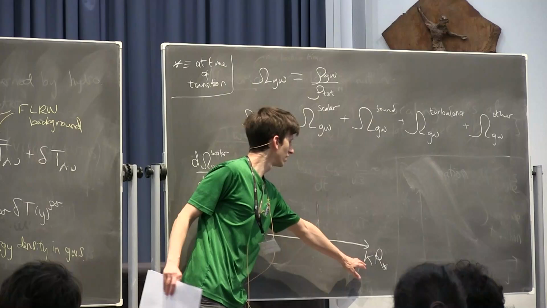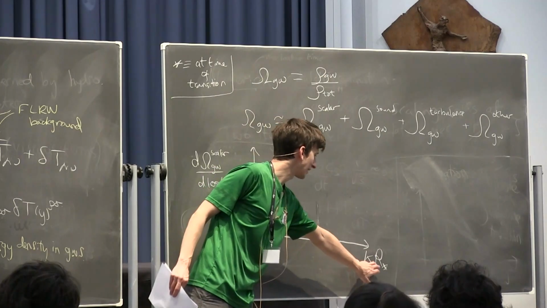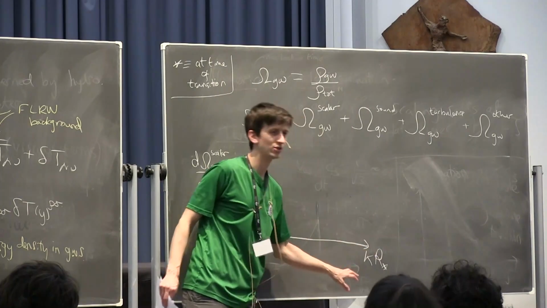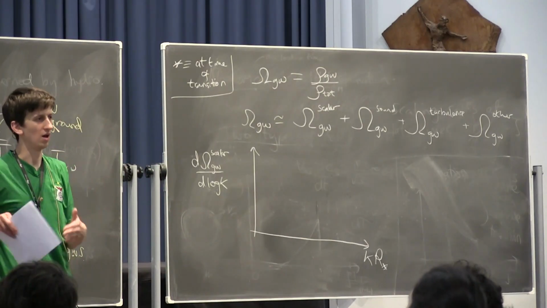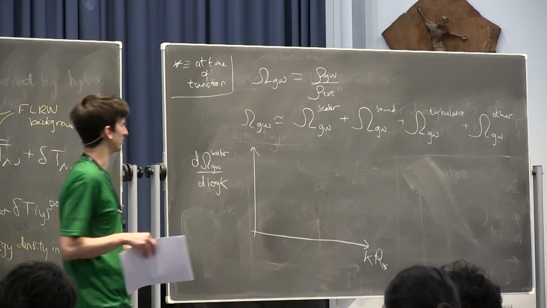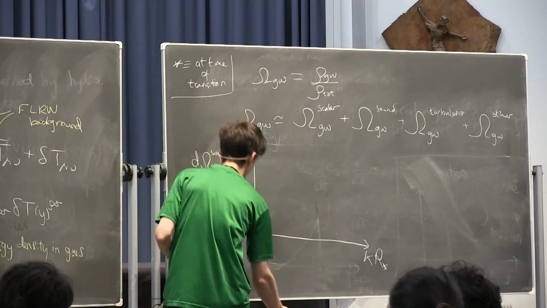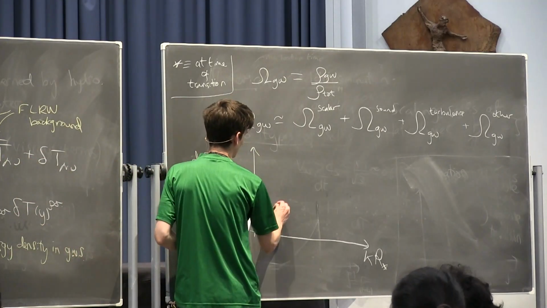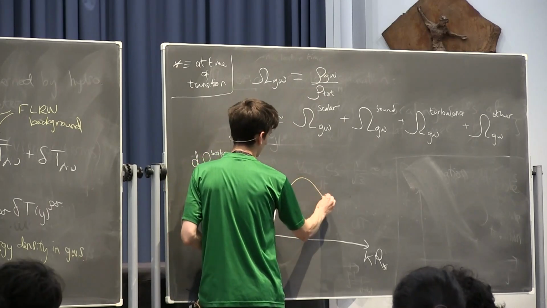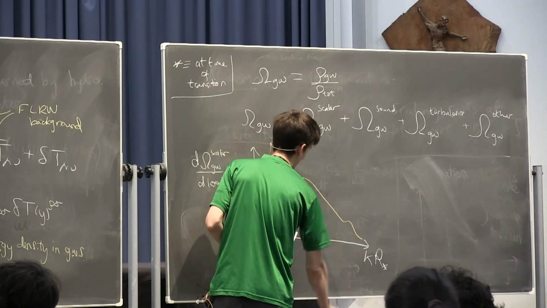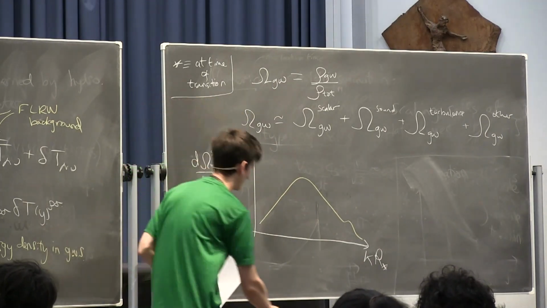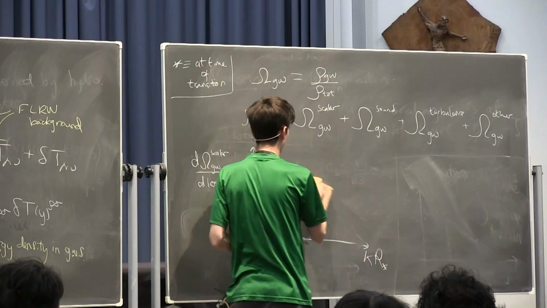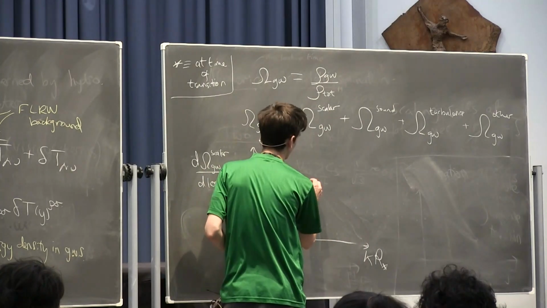To make a dimensionless combination, I multiply k by the bubble separation at the time of the maximum collisions. And I find something like this, from my simulations. Actually, it doesn't look quite like that, sorry. It's more like this.